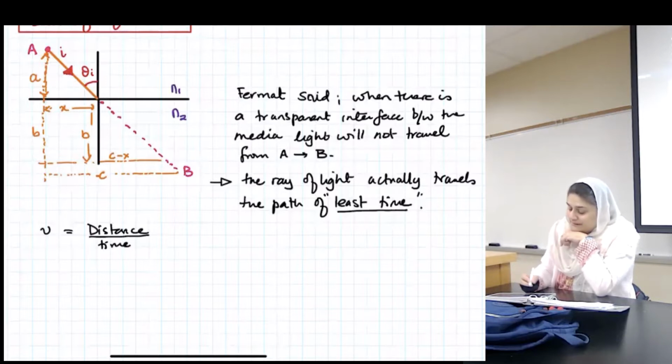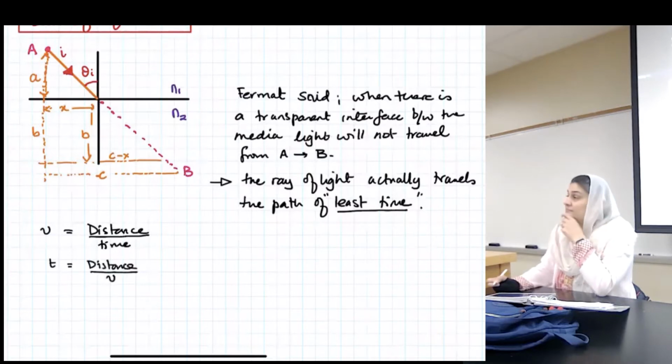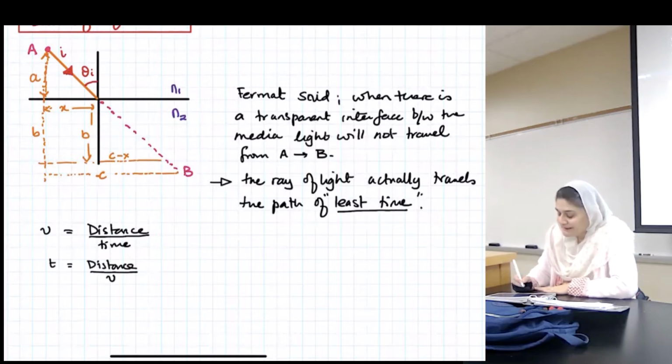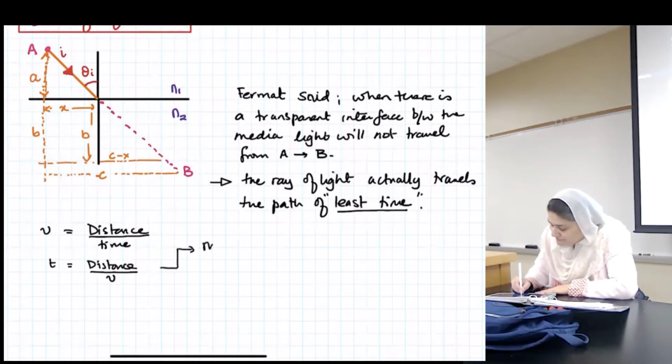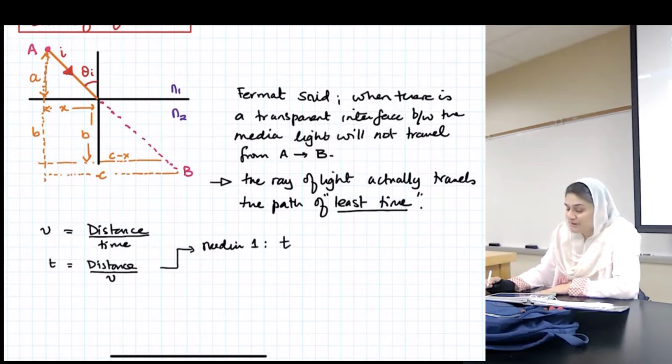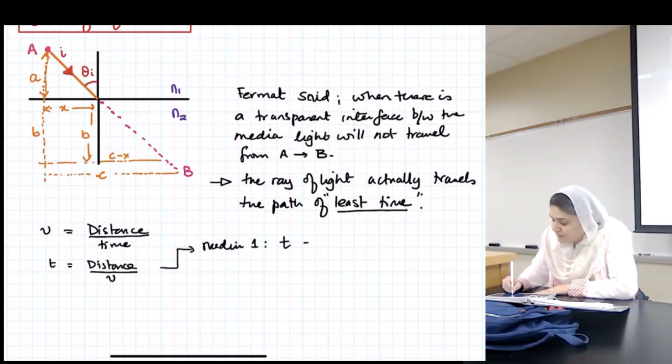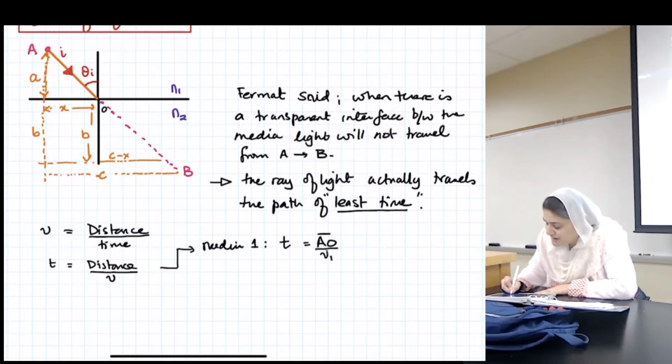May I rewrite this formula as T equals distance over V? Then in medium 1, may I call the time it takes in medium 1 to go the distance AO, where this is O, divided by the speed in medium 1?